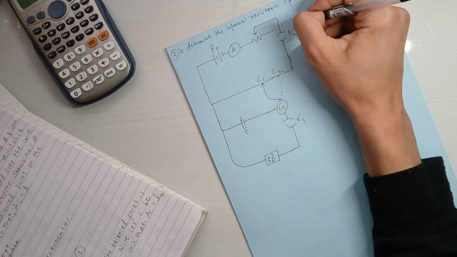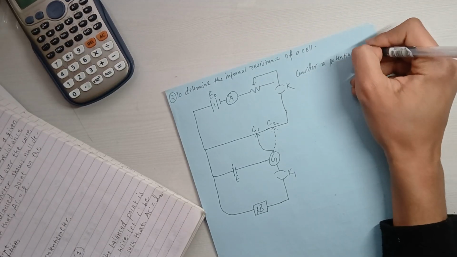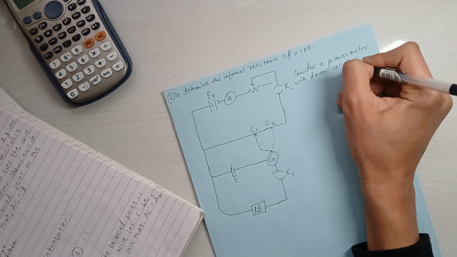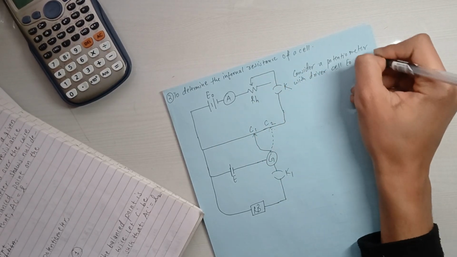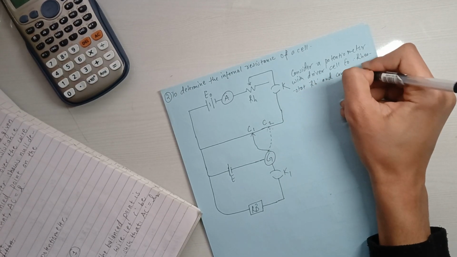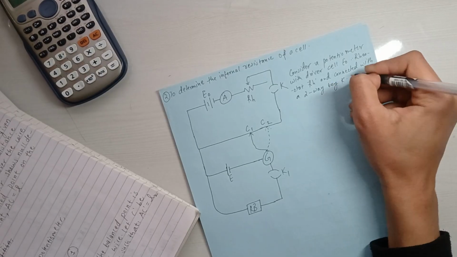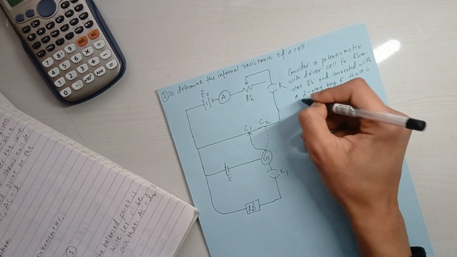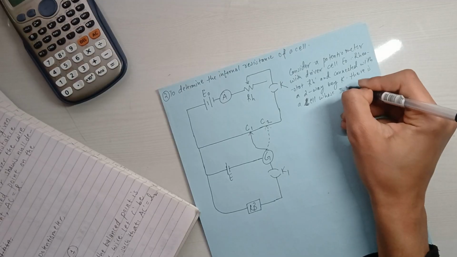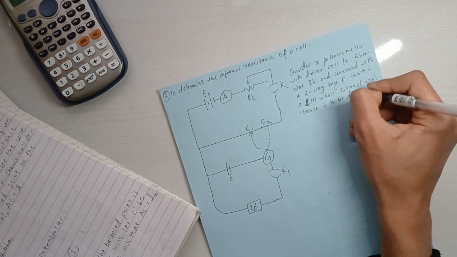So you just write some language. Consider a potentiometer with driver cell E0, rheostat RH, and connected with a two-way key K. There is a cell whose internal resistance is to be determined.